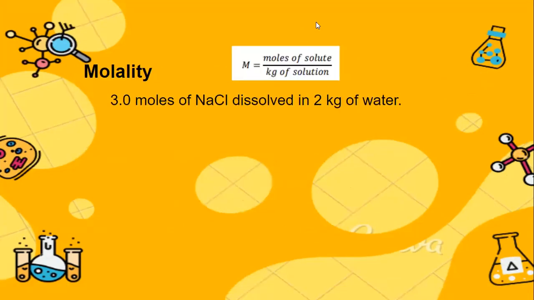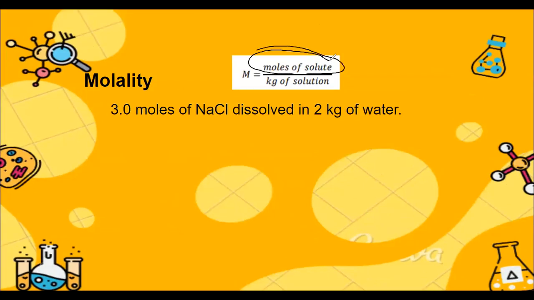Next, for our molality. Okay, so for molality, we also have the solute in moles. As you can see, it is just like the molarity. We also use the moles of solute. But for the solution, it must be in kilograms.